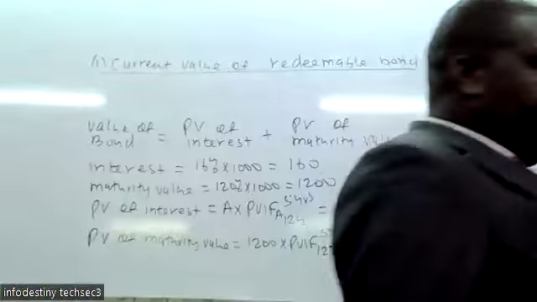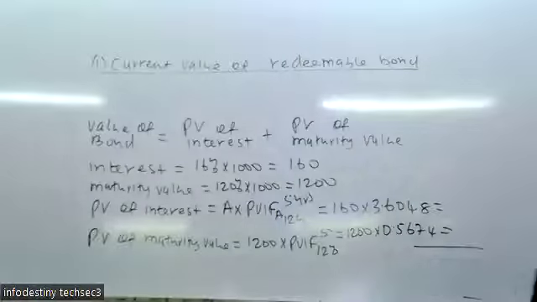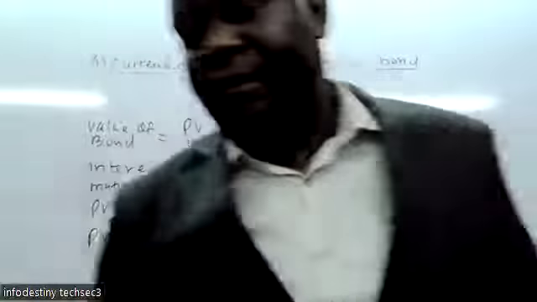So we can now go to Roman letter 2, the current value of the convertible bond.